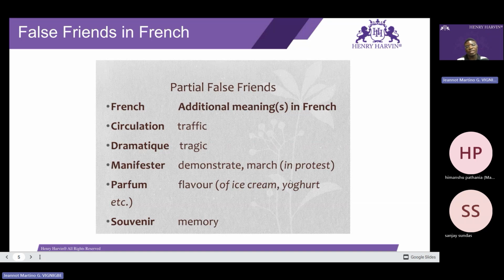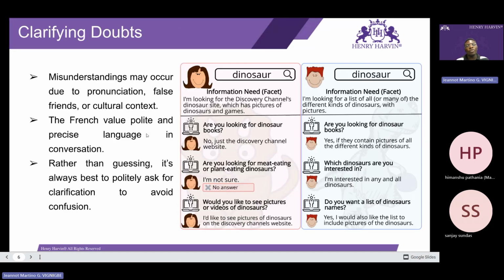Let's say circulation, which means traffic, dramatique, which means tragic, manifester, which means demonstrate or march, like in protest, perform, flavor, ice cream, yogurt, and souvenir, memory. Et donc, lorsqu'on parle de faux amis ici, ce sont des mots qui ne veulent pas nécessairement dire la même chose, que ce soit en français comme en anglais.